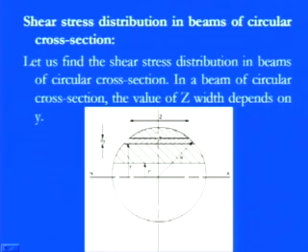If we take this segment, one part of it, because it is symmetric on the other side, then this is Z by 2 and this distance is y. In the vertical direction we have y, in the horizontal direction we have Z, this is the radius, and this is our neutral axis. This is the main circular section on which we want to focus.